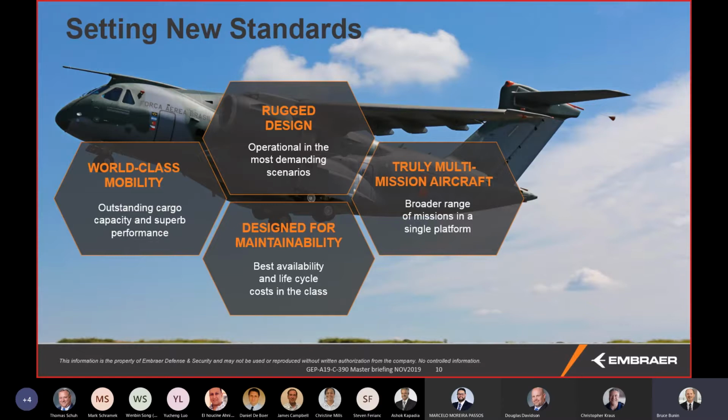We're also a truly multi-mission aircraft. And what we mean by that is that our airplane is designed to be modified from one mission set to another very quickly in the field by the operators, rather than having those airplanes dedicated to one mission set. So if you're familiar at all with the U.S. Air Force and their C-130 fleet, they have designations for the different models, right?